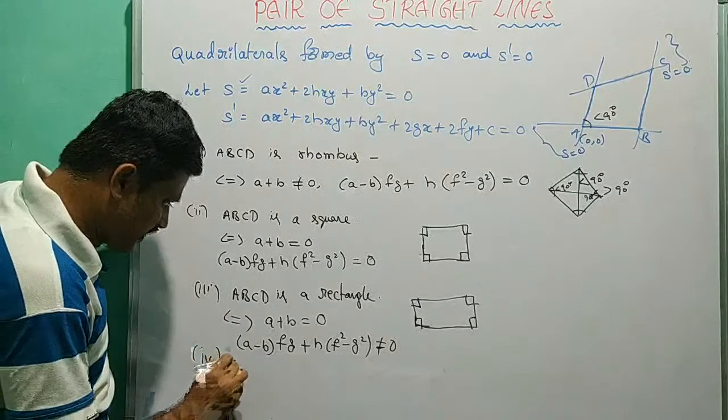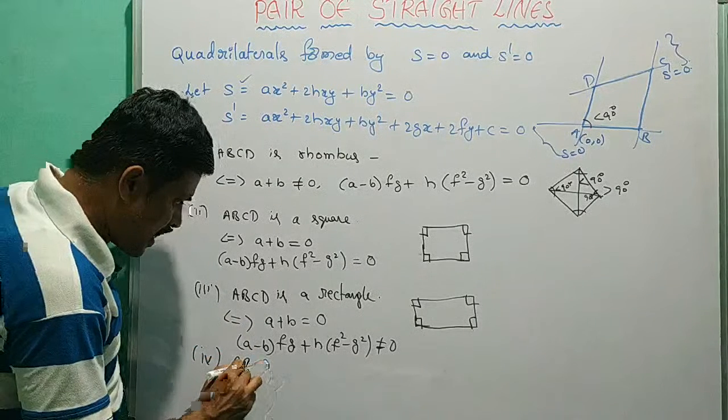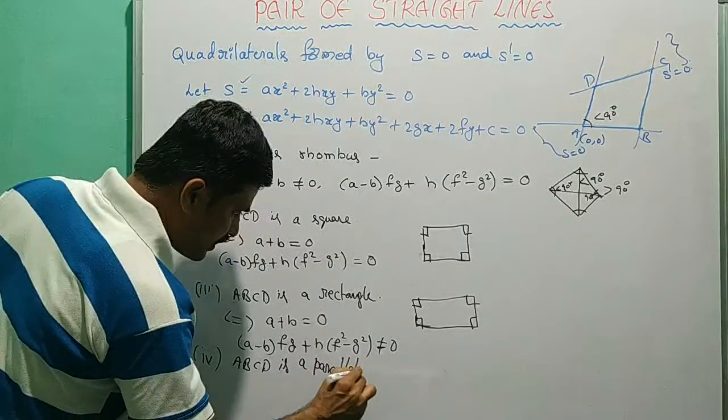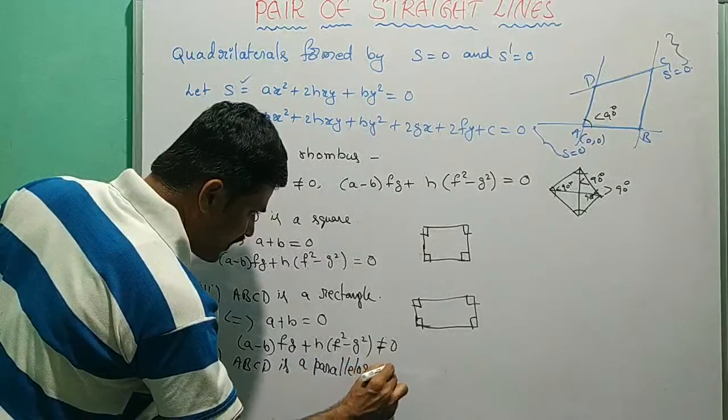The fourth condition, parallelogram. ABCD is a parallelogram.